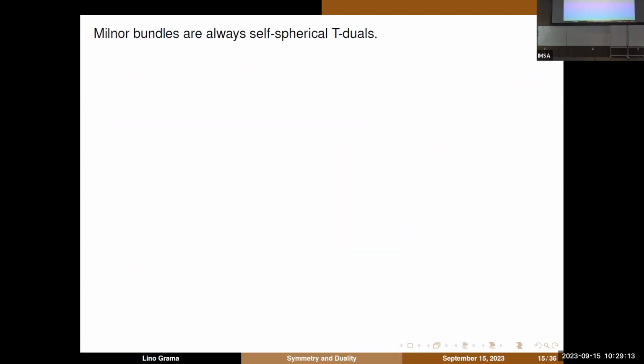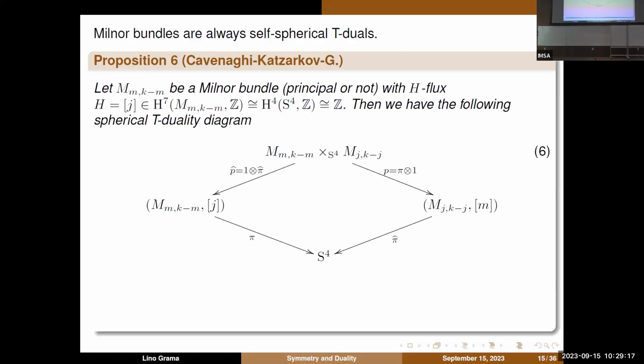And our first remark here is that we can put this construction of Milnor in the language of spherical T-duality. And actually they are spherical T-dual. This provides another construction of a lot of well-known facts, but we can go further and explore a little bit more.